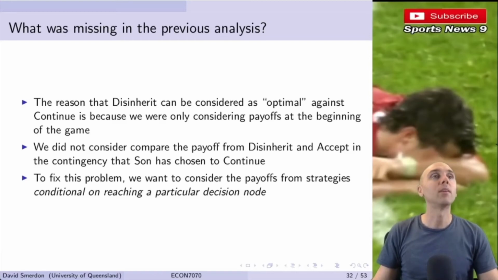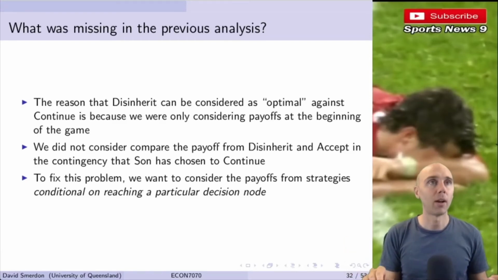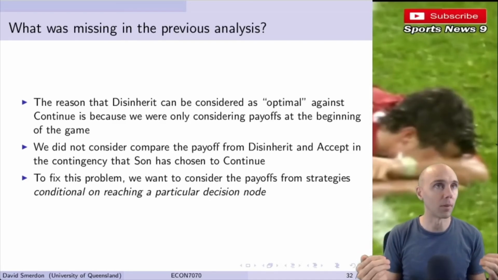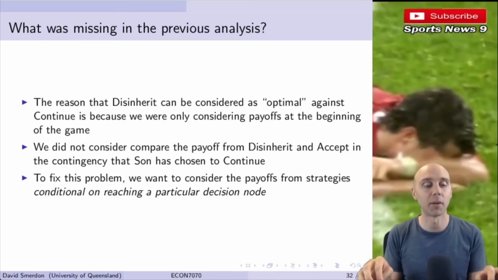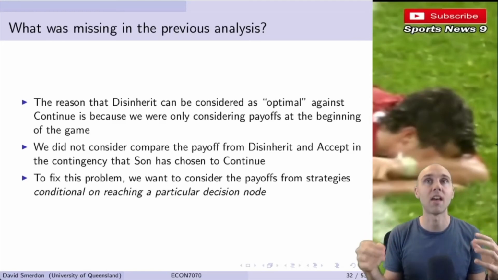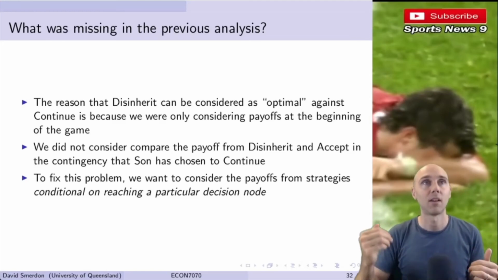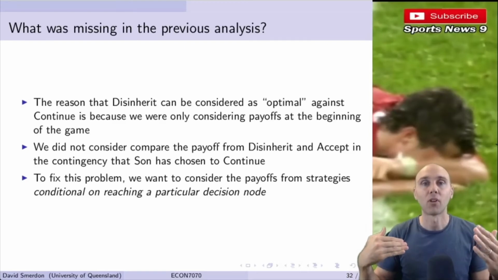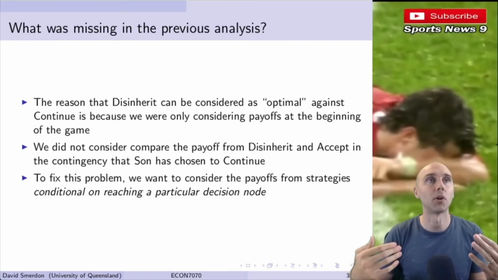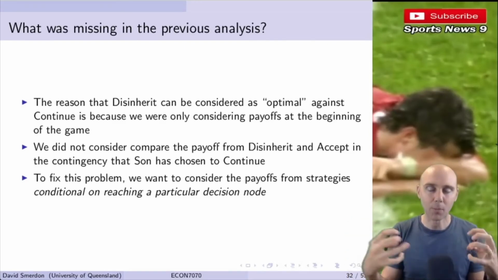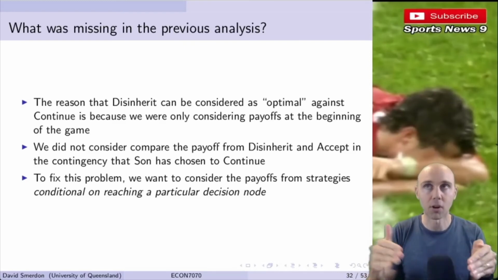So what we really want then is to consider the payoffs from strategies conditional on reaching a particular decision node. And in that case, we can get away from this problem of solving for pure strategy Nash equilibria in the elongated normal form payoff matrix. And that problem is that it compares payoffs sort of throughout time, throughout turns in the decision tree, without capturing the essence of the structure of the tree.